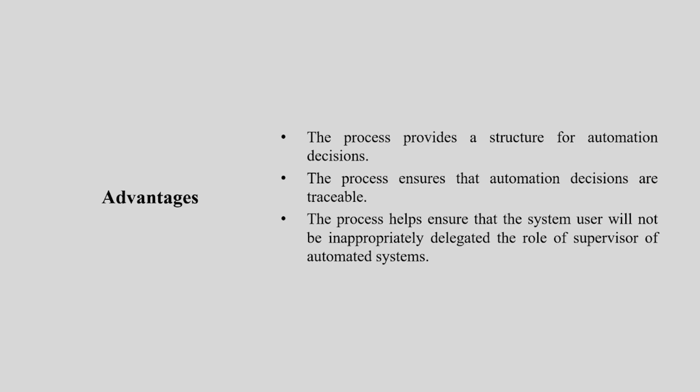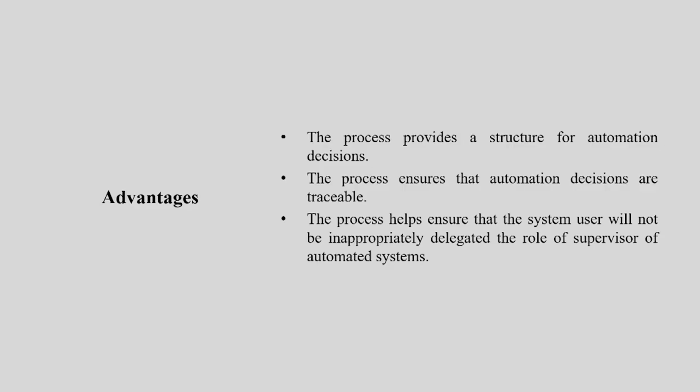Okay, now let us understand the advantages of this particular process. It provides a structure for automation decisions. Wherever the computer is more powerful, we can easily go for automation, whereas where human is more powerful, we really need to think about where to do the automation.